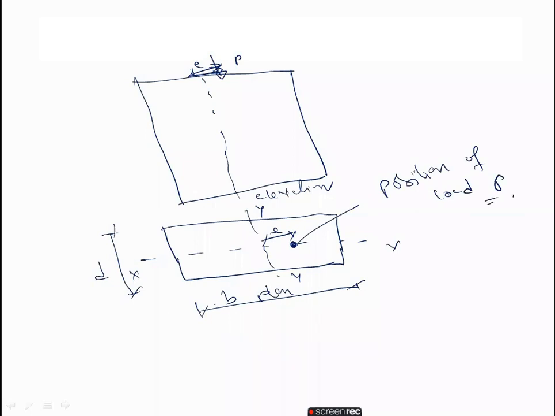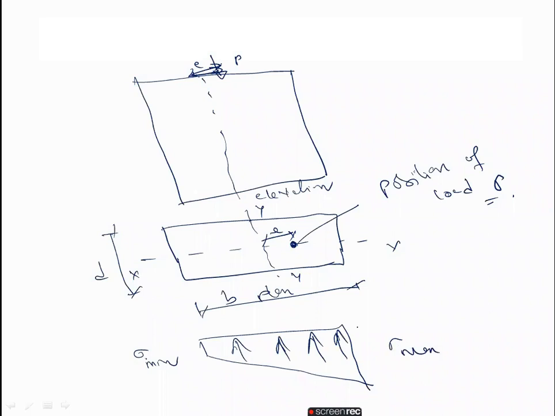Here, this is the plan, this is the section, and there will be a stress distribution. Anyway, I will explain that at the end. This is the sigma minimum and sigma max. How we will take this, I will explain after the derivation. Now let us take a column of a rectangular section subjected to the eccentric load.